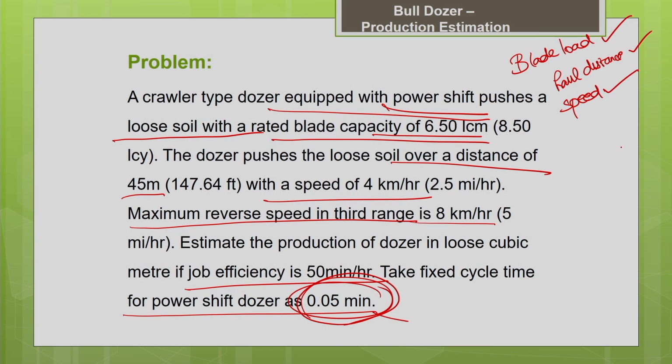If the speed is not given, in that case you have to go for the performance chart. With the help of the performance chart, you have to find the speed. But in this problem, speed is given to you directly. So you know the haul distance and speed, so you can calculate the cycle time. Based on these input parameters, I can estimate the productivity of the bulldozer. So let us see how it is done.